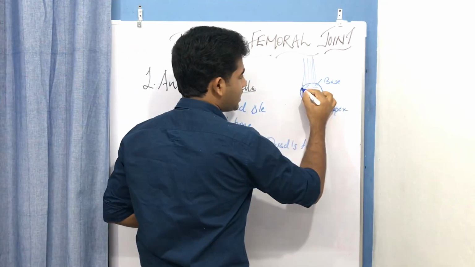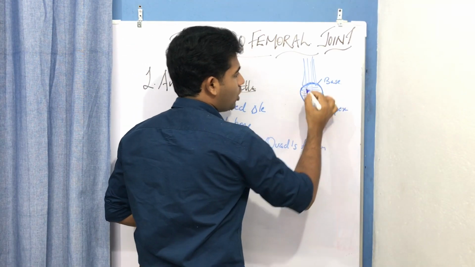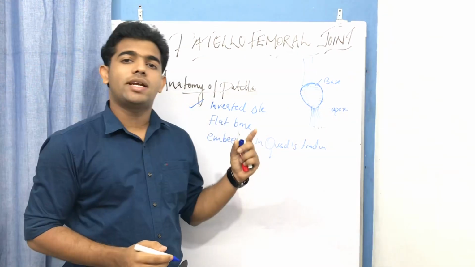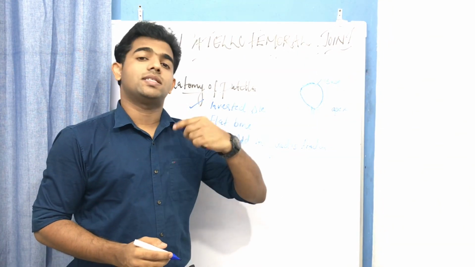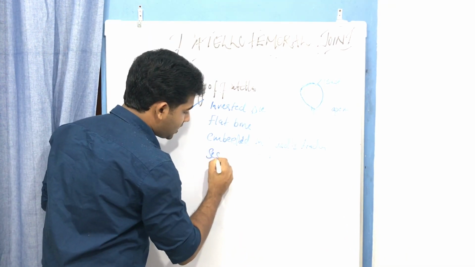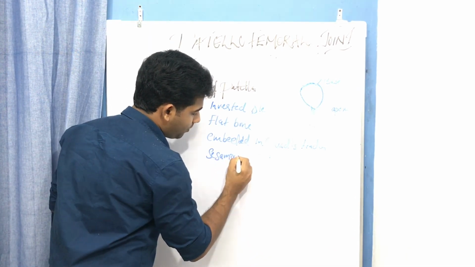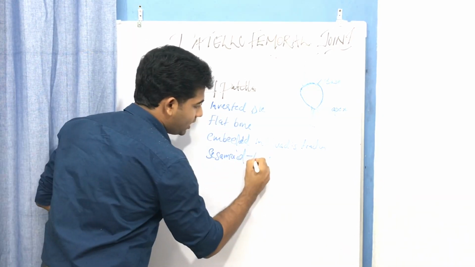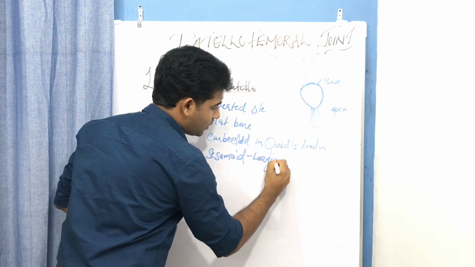It serves as the attachment site of almost all the quadriceps muscle, and it is embedded in the quadriceps tendon. Since it is embedded in the quadriceps tendon, this is the largest sesamoid bone in the body.